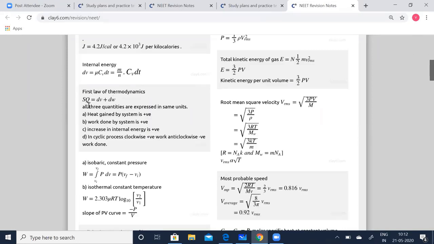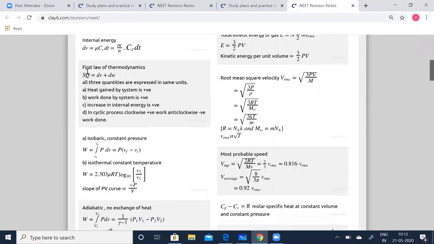First law of thermodynamics. When you come to thermodynamics, we have two laws. The first law of thermodynamics states that dQ is equal to dU plus dW. That is the change in the internal energy, dU, plus dW, which is the work done.